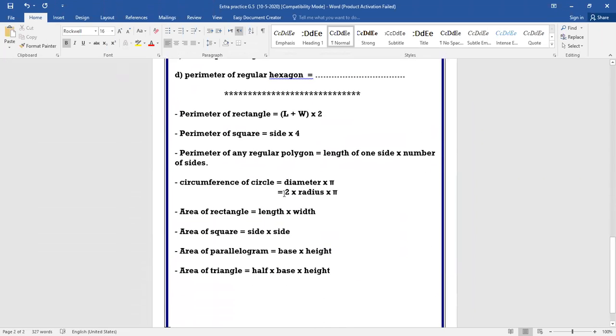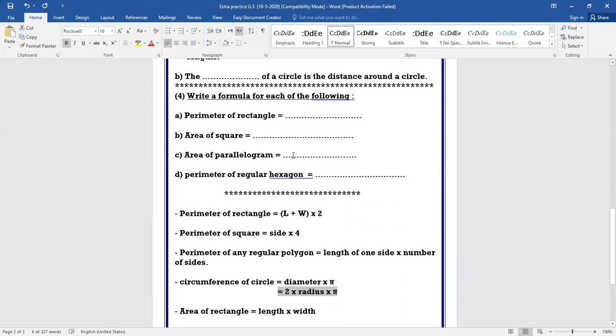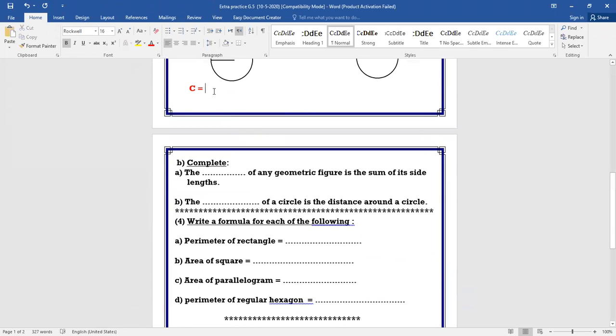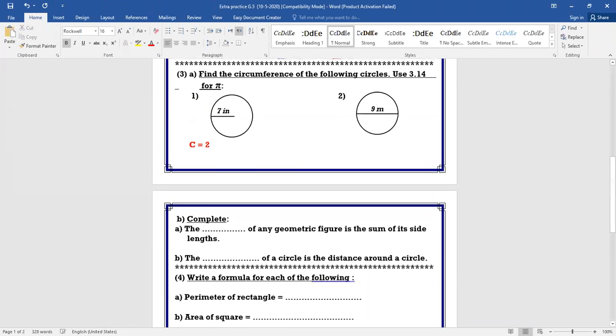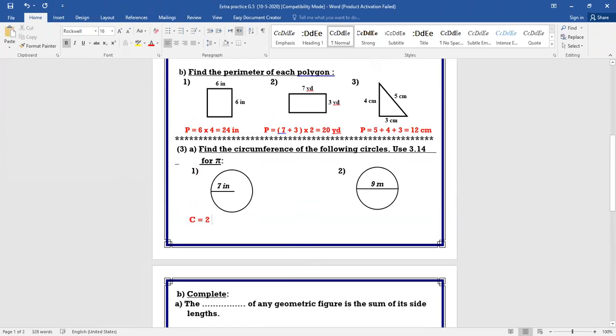If you have the radius, it will be 2 multiplied by the radius, multiplied by the value of pi. The radius is 7. So 2 multiplied by 7 multiplied by 3.14. 2 multiplied by 7 equals 14.